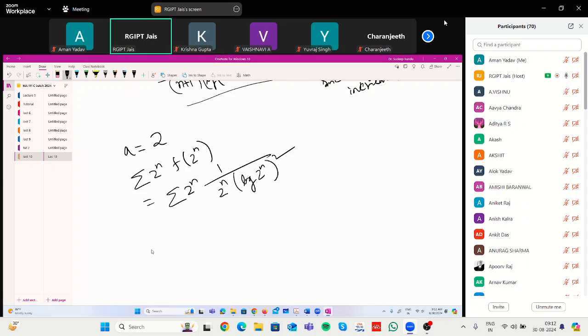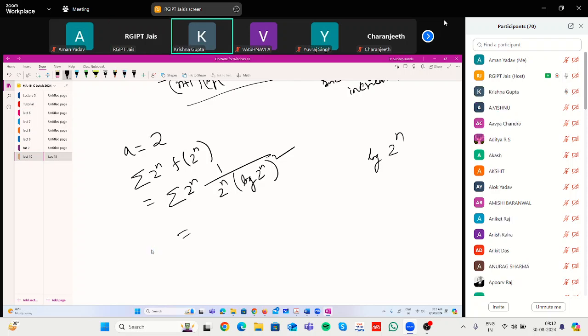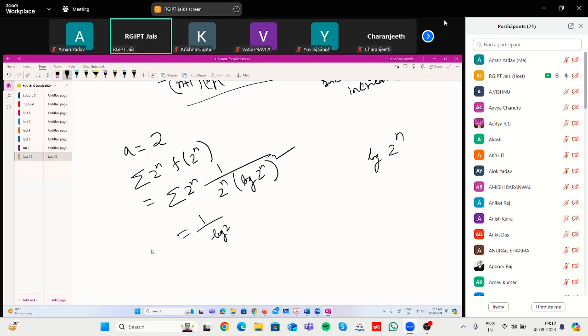This n will come outside, n log 2, and the 2 to the power n cancel, right? So ultimately you will get 1 by n square (log 2) square. So you will get 1 by (log 2) square times 1 by n square.